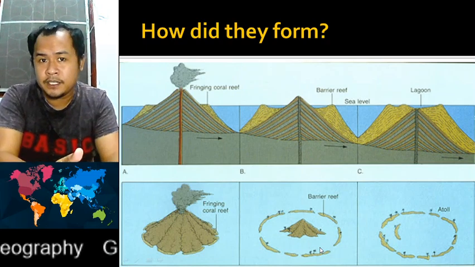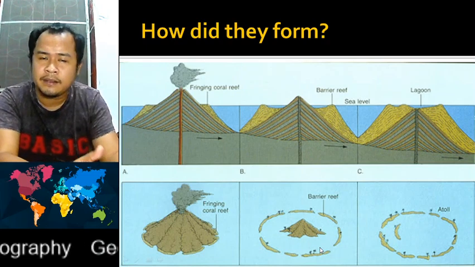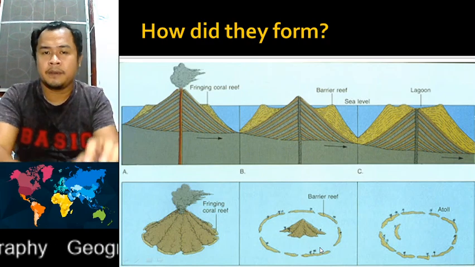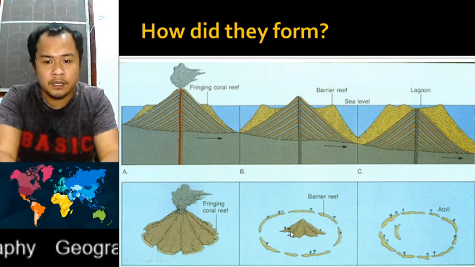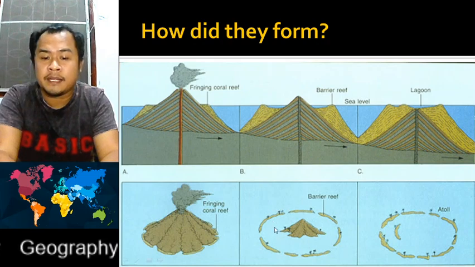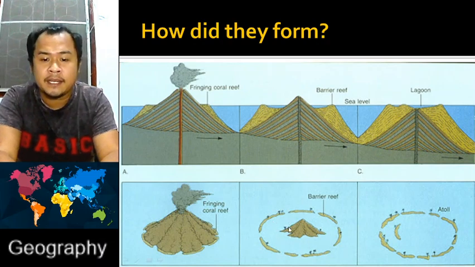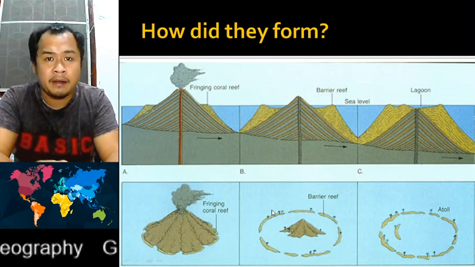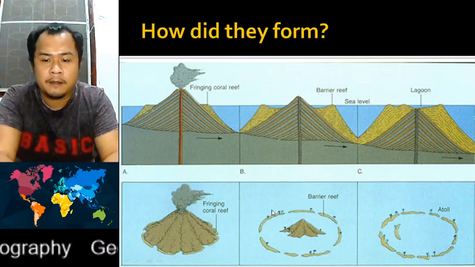So we have the fringing reef that touches the mainland. The land will start to disintegrate and fall to the bottom, and then the land becomes smaller, but the fringing reef is still there. But there is now a great amount of water in between the land and that fringing reef. Now it's becoming a barrier reef.